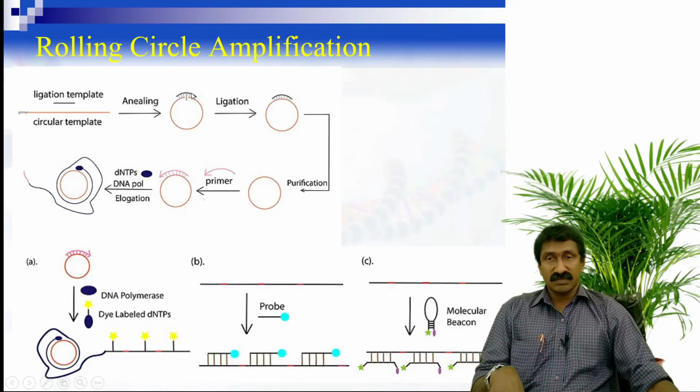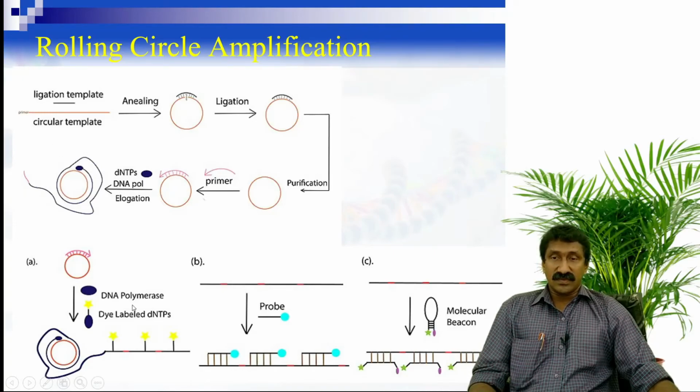Once it is ligated, you have the circular DNA with a ligation template, and that can be purified. And this purified circular DNA can be added with a primer, and that primer will produce a longer DNA copy using rolling circle amplification.